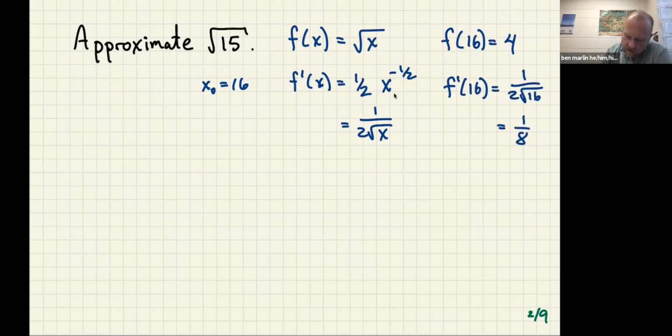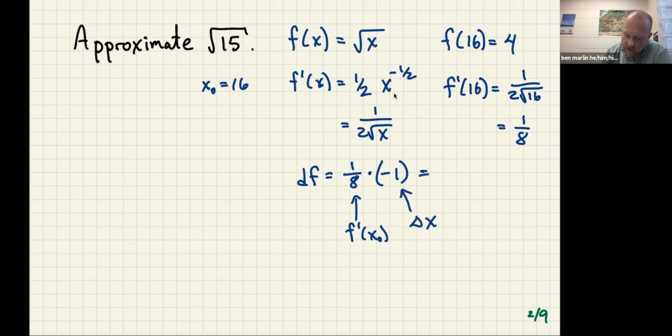So the df in that formula is going to be that f prime, the 1/8, times, what do you have to do to change your x naught of 16 into a 15? You have to subtract 1. So the dx is minus 1. So this is f prime of x naught, and this is change in x.